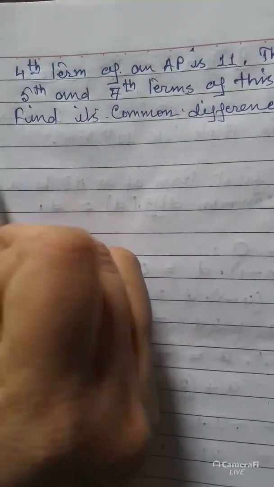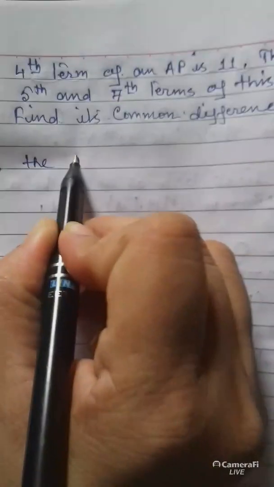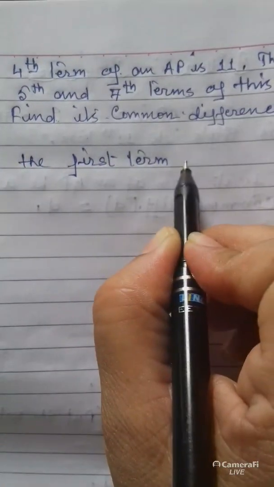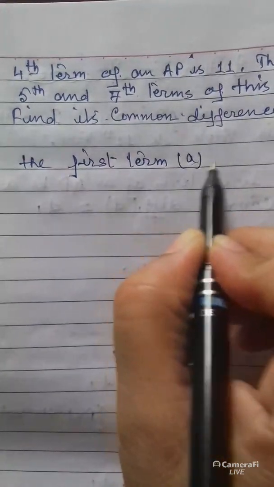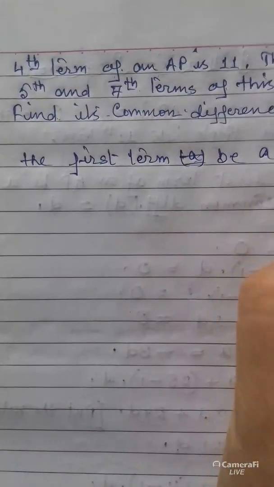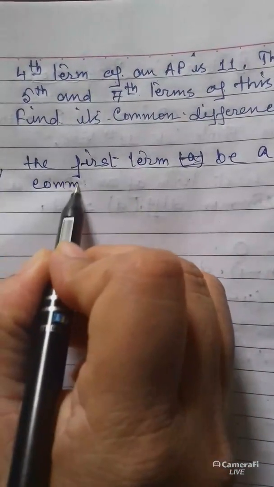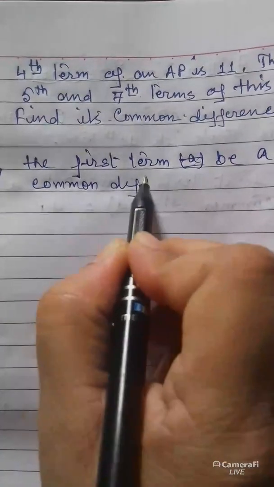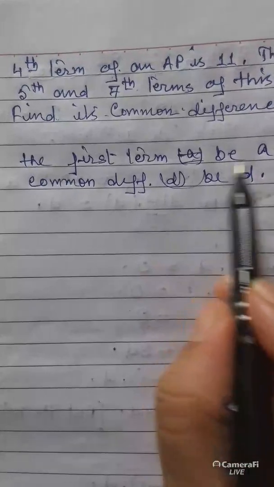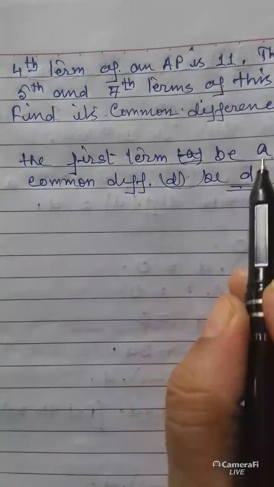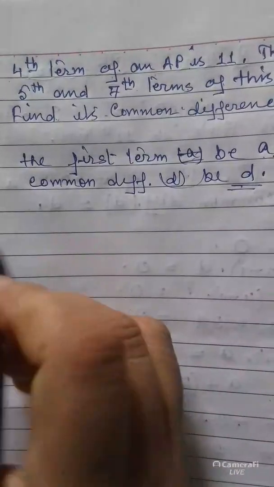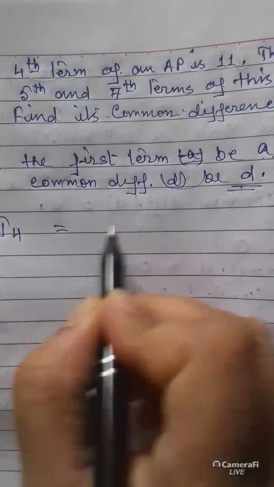Now we let the first term of the given AP be A and the common difference be D. According to the question, the fourth term of an AP is 11. So T4 equals 11.